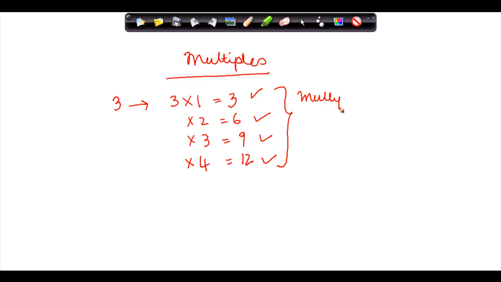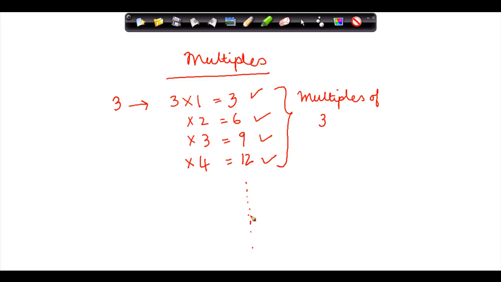Which means that all these numbers are divisible by 3. So what happens here is that if you multiply 3, you can get all these numbers, which can go on to any level, because as you multiply 3 by a number of numbers, you can get as many of such numbers as possible.